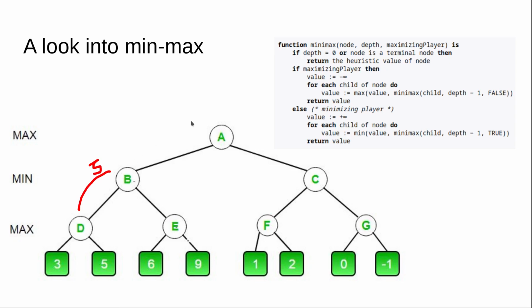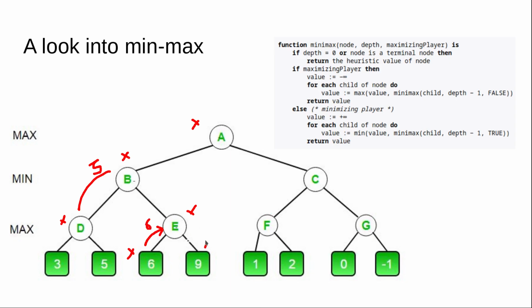Similarly, I would be exploring this part of the game tree, and then it would move to the left. This has reached a depth of 0. It would evaluate the position over here and return the evaluation score, which is 6.